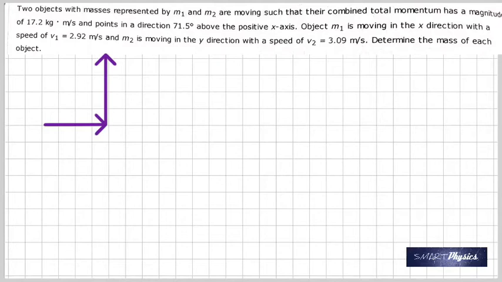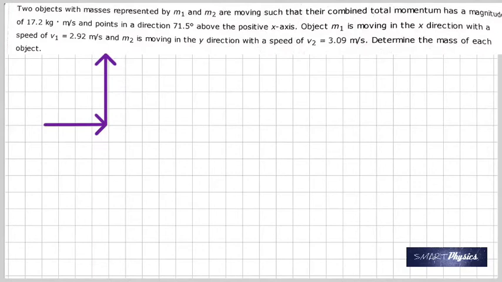In the second question, you have 2 objects with masses m1 and m2 moving such that their combined total momentum has a magnitude of 17.2 and points in a direction 71.5 degrees above the positive x-axis. Object m1 is moving in the x direction at a speed of 2.92. m2 is moving in the y direction with a speed of 3.09 meter per second.